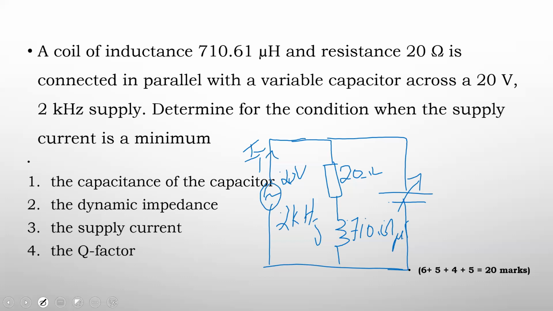What equation would that be? FR equal 1 over 2 pi square root 1 over LC minus R square over L square.